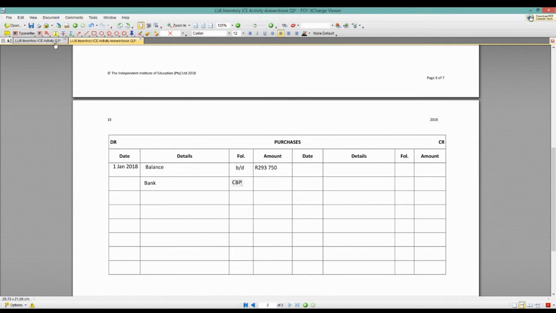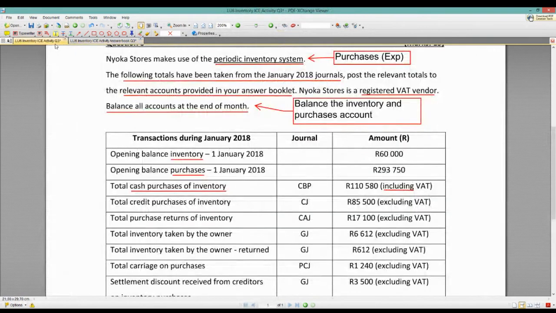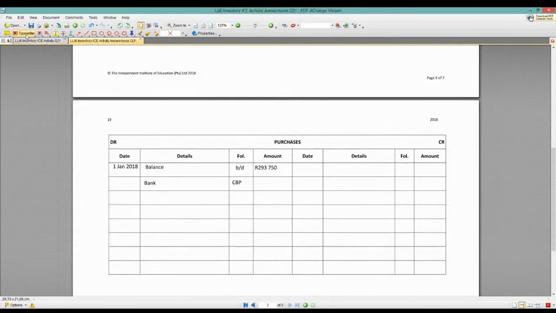But now we said that this amount, the 110,580, is inclusive of VAT. Now, in 2018, the VAT rate was 14%. So for this solution, we are going to divide by 1.14, or you could have multiplied by 100 over 114, and you would have gotten the same answer.